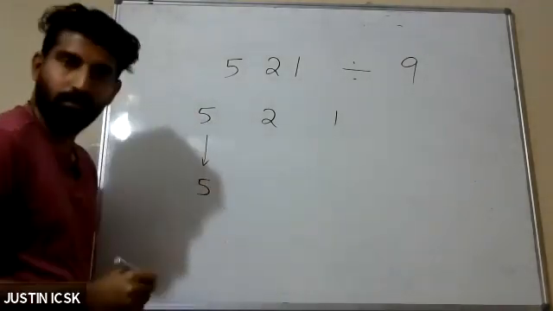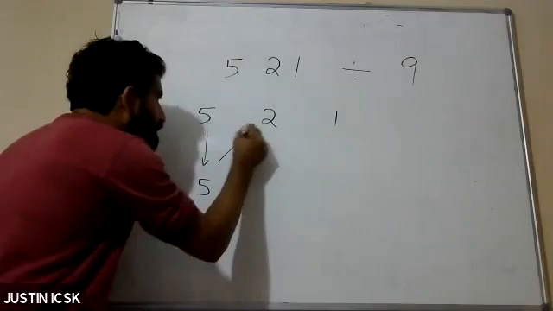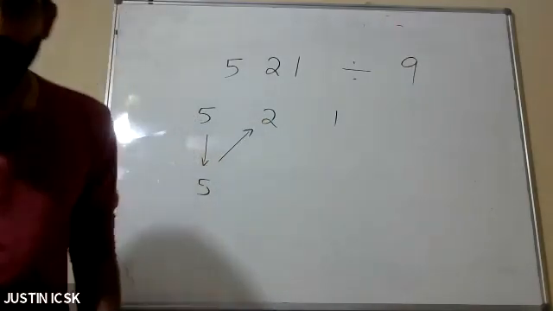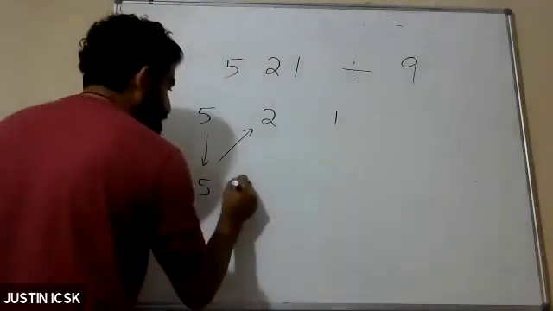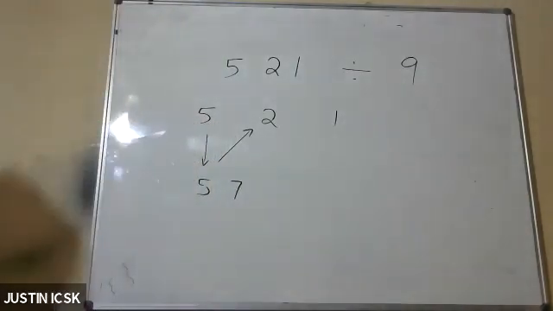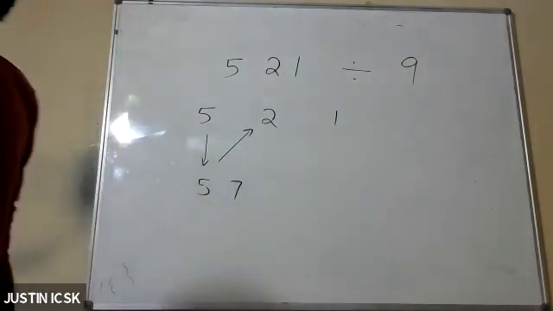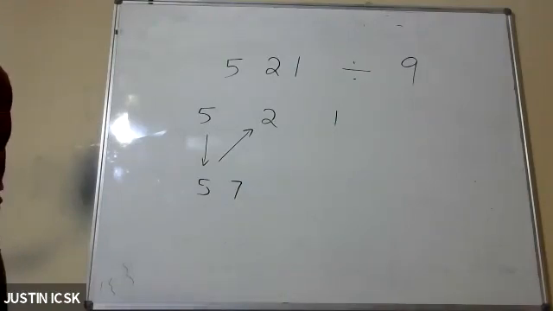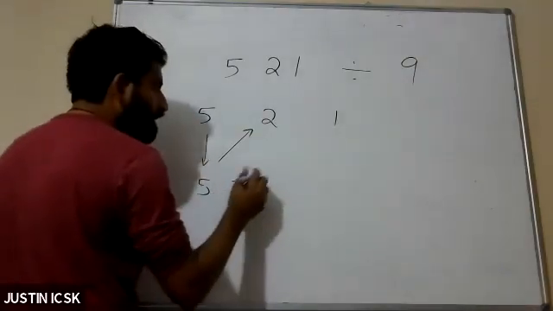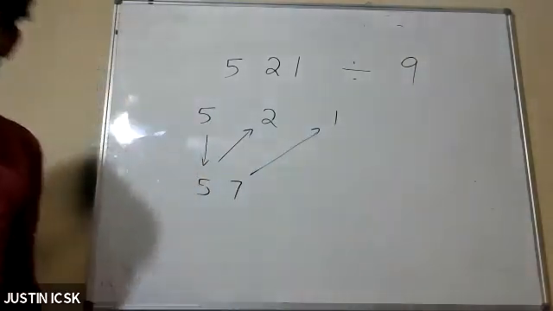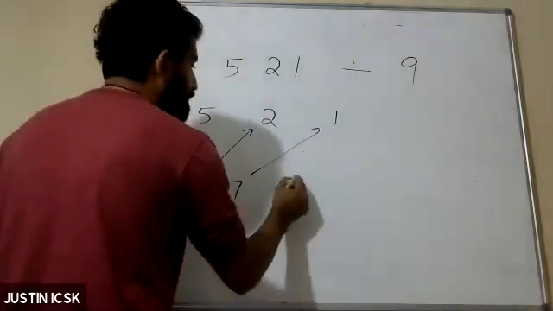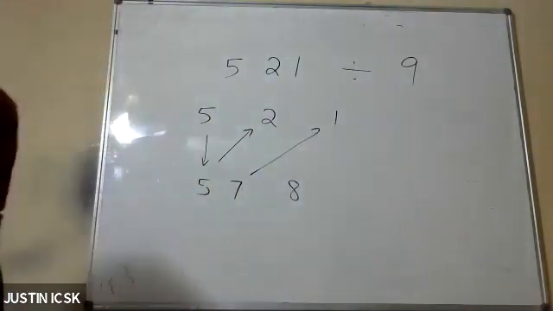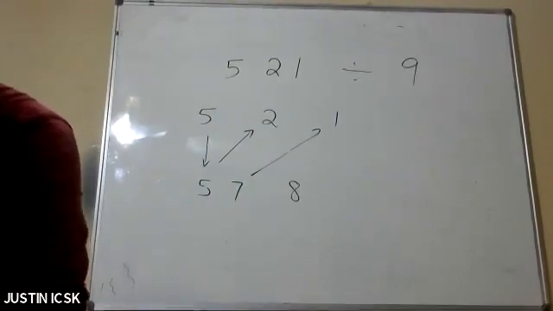Then I will add this 5 and 2. 5 plus 2 is 7. Then I will add this 7 with the next number. 7 plus 1 is 8.